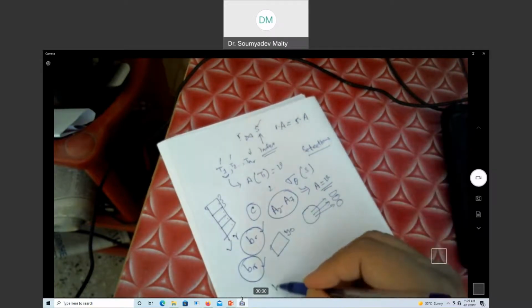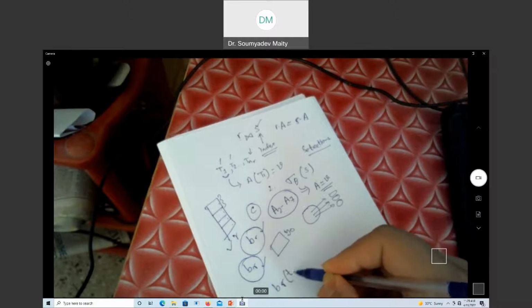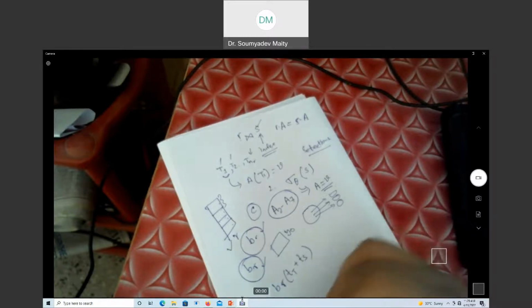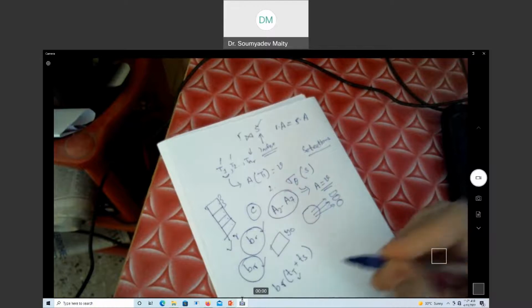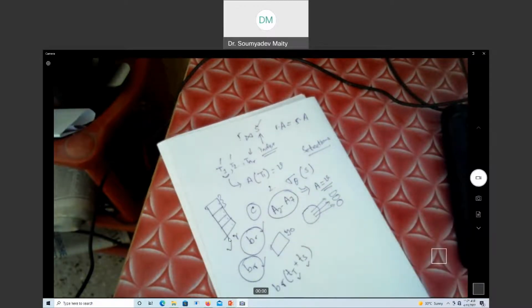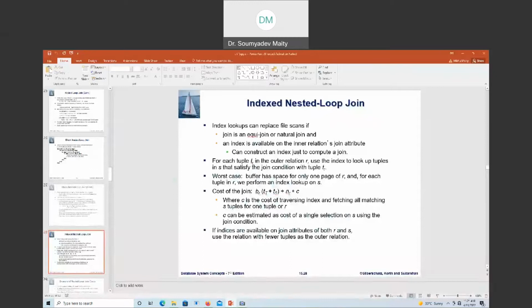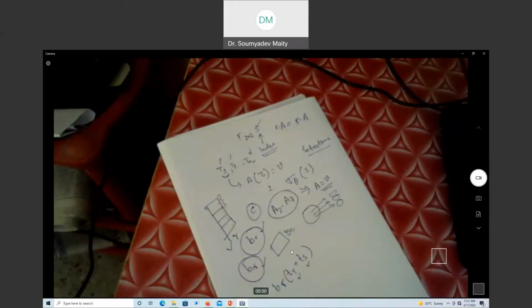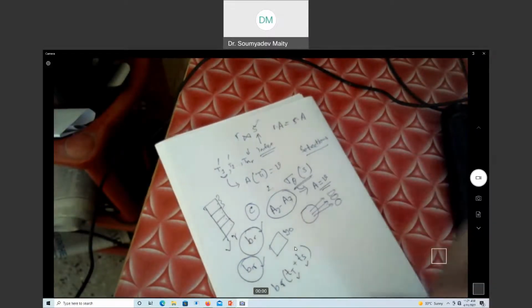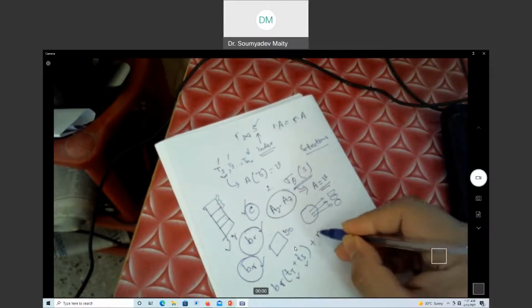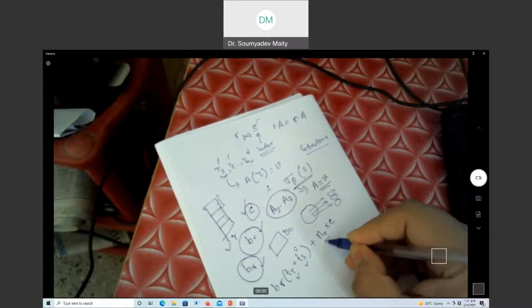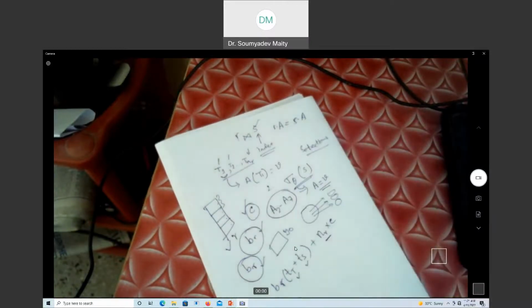Hence, total time consumed is BR into (TT plus TS), where TT is the time consumed for one block transfer and TS is the time consumed for one block seek operation. Plus, now after reading each of the tuple, you have to do, as I said, this selection, and the cost of the selection is C. So total cost is NR into C, because for each tuple you have to do this index search.